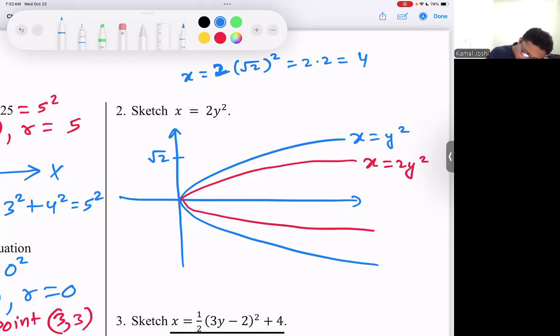So the point here would be 4 comma root 2. Sorry, in x equals y square, 4 comma root 2 is not there. Bad. 4 comma root 2 will be somewhere here.